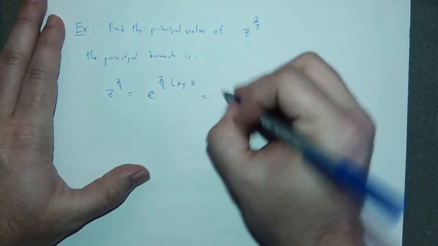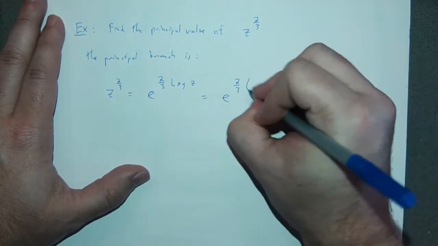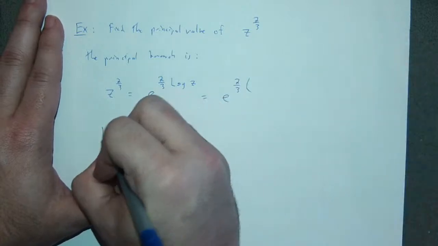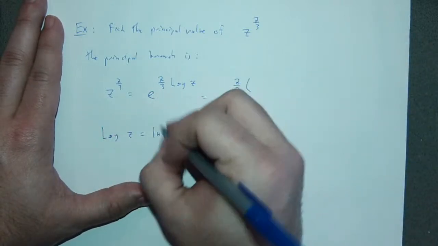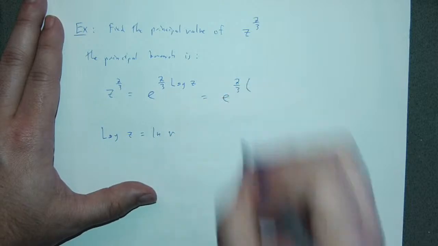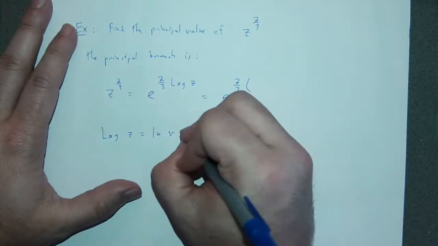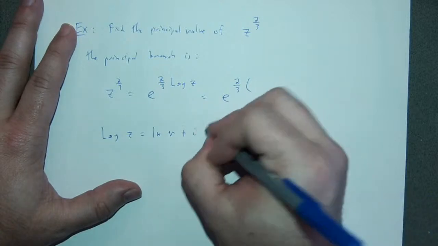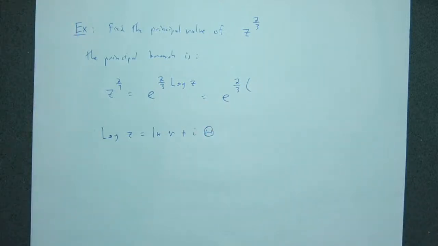So I can express this, of course, as e to the 2/3 times, again, just remember, principal log z is natural log of the modulus of z, which I'm just going to go ahead and write as r, plus I times the principal value here, capital theta.